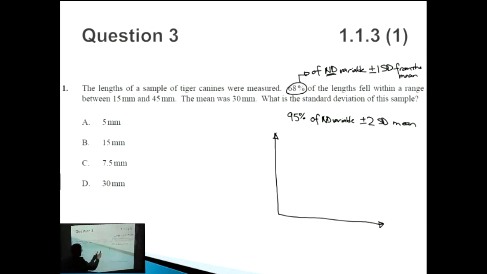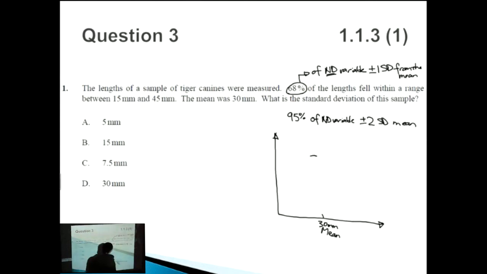We need to know the mean as well as the standard deviation. The mean we've already got here is 30 millimeters. So let's draw that over here. We're arbitrarily, so arbitrarily means randomly, going to draw that down here. And this is the mean, and that's where the peak of the curve is.